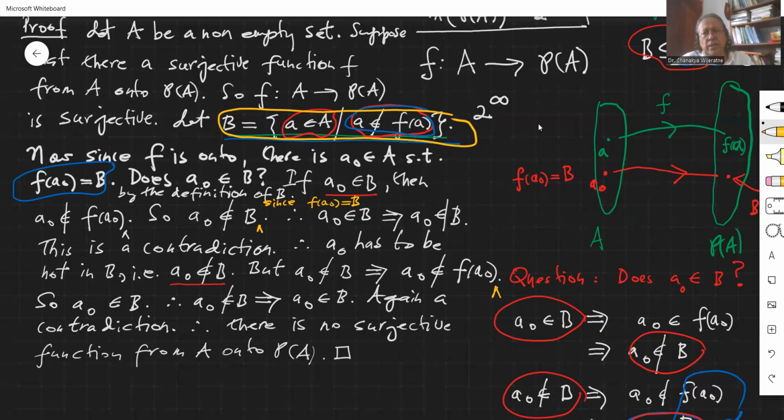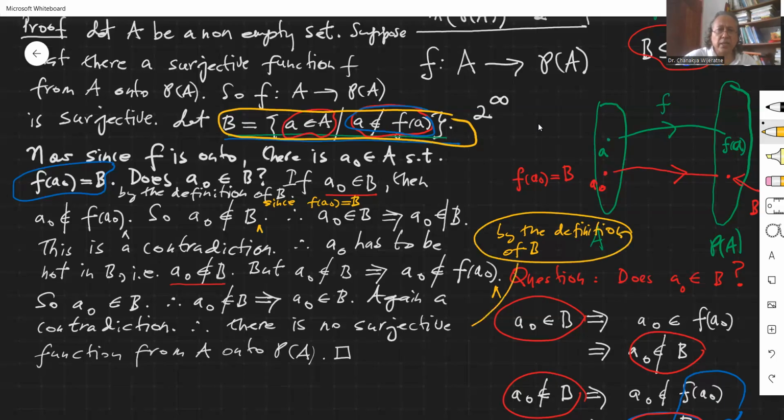So this is not because of that. So this should be here.